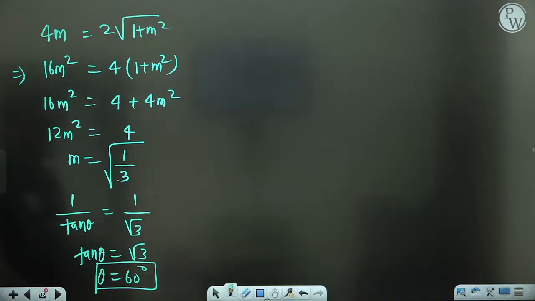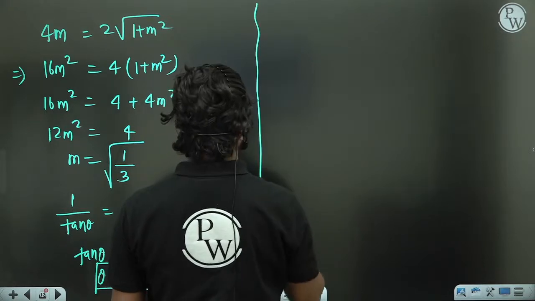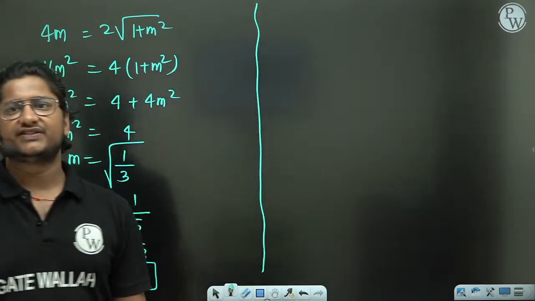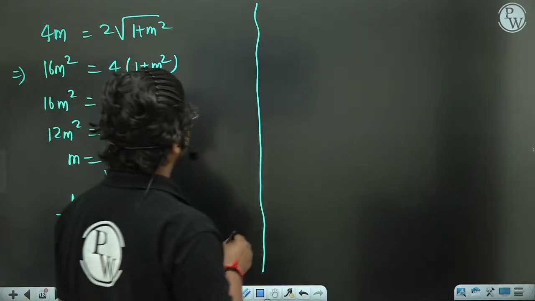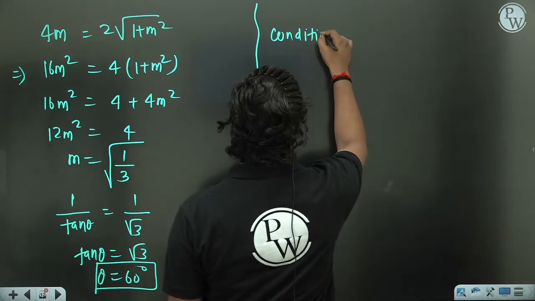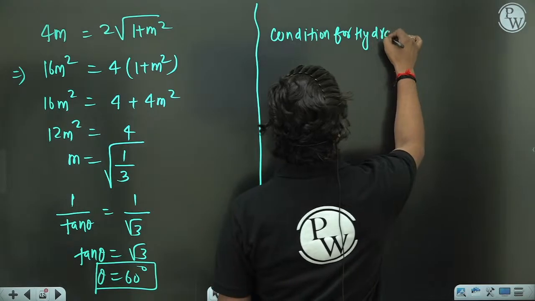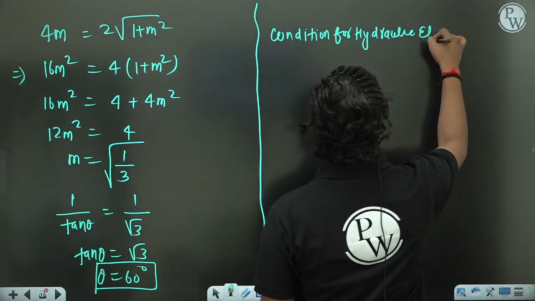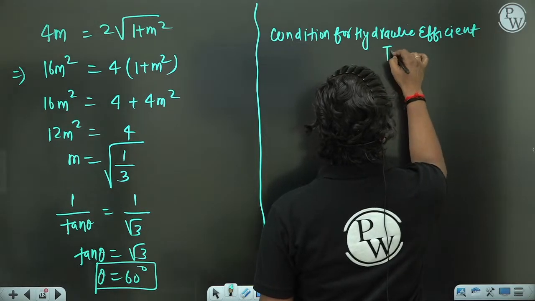Okay. Now just try to implement these things. So what are the things which we got here till now? First thing, for the hydraulic efficiency condition, everything we are going to calculate.